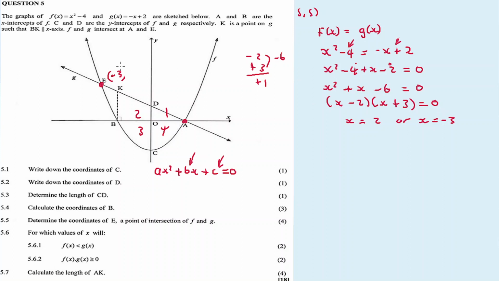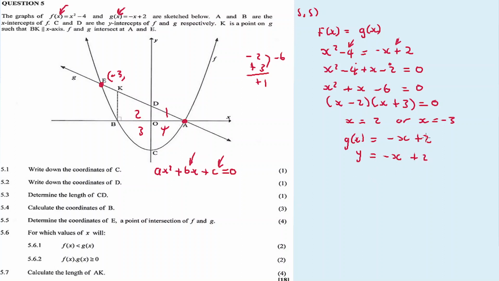Therefore, in order to find the y coordinate, I substitute into g of x or f of x. So how about we use g of x? The g of x is equal to minus x plus 2, also expressed as y equal to minus x plus 2.